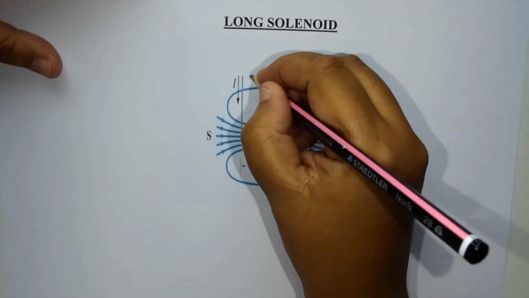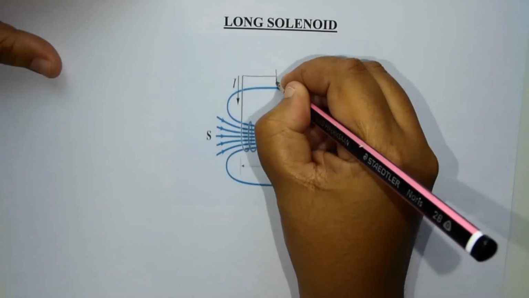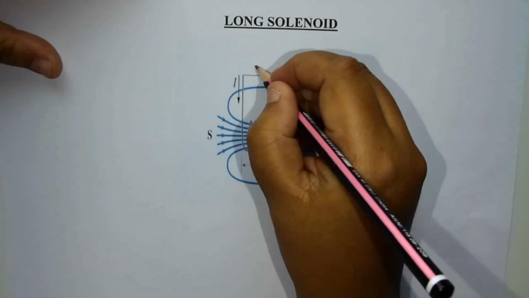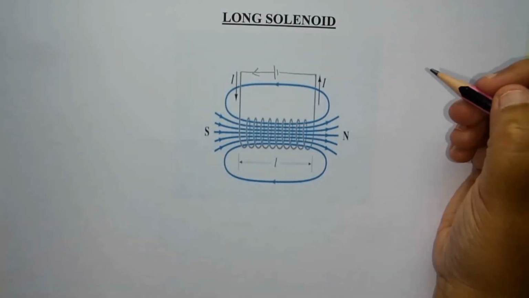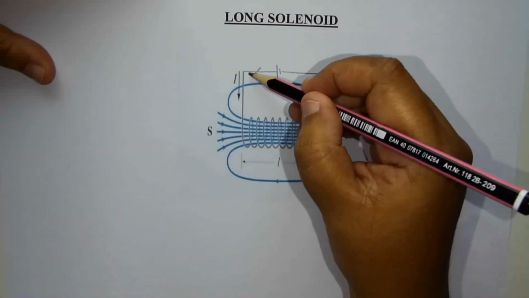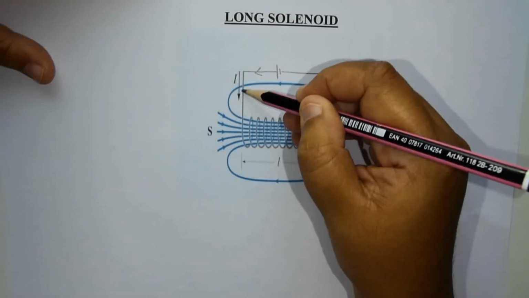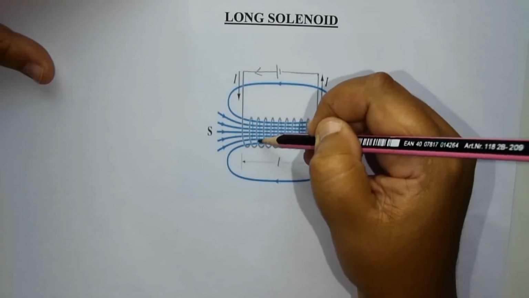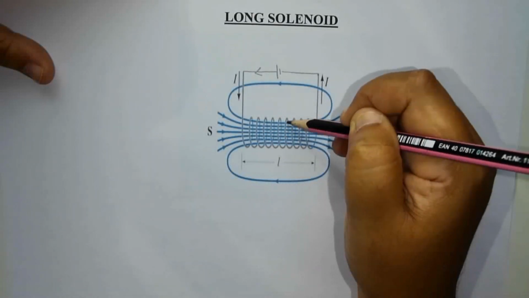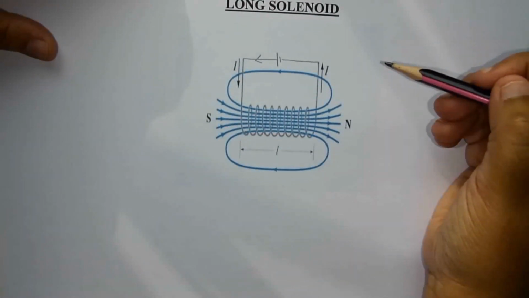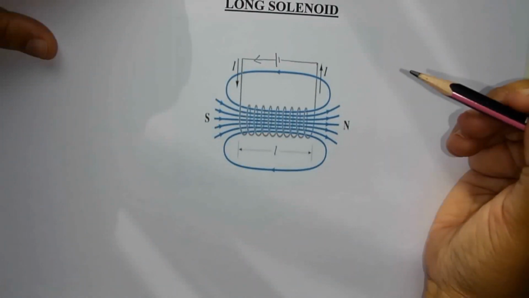We can imagine that this thin long wire is fixed to a power supply like this, and then current is flowing in the wire. After that it goes on like a loop, the current flows in the loop, and then the current goes back to the power supply.